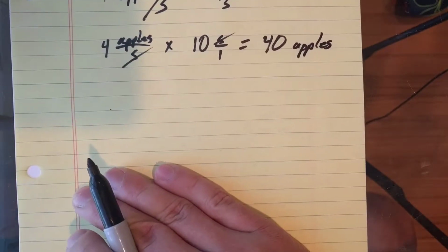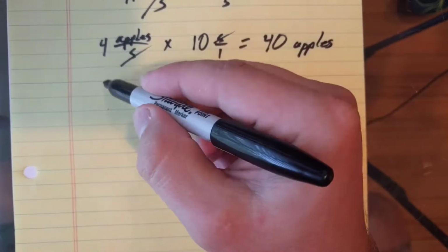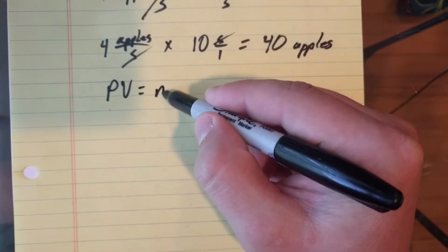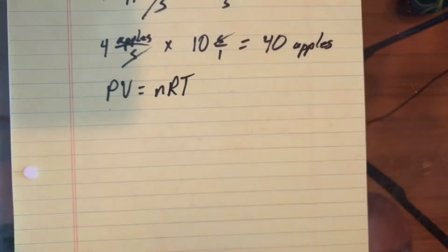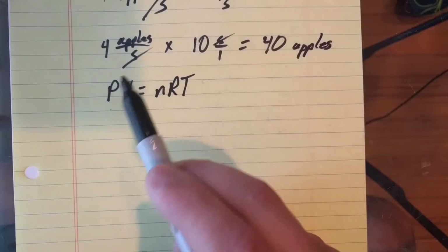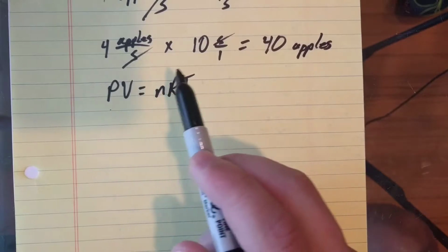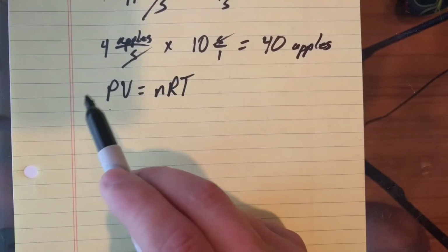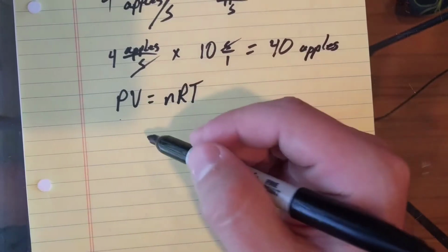So where this becomes important is in equations like PV equals nRT. The units on both sides of the equal sign have to be the same. So what shows up over here after I go through and multiply all the units out has to be the same as what's over here.